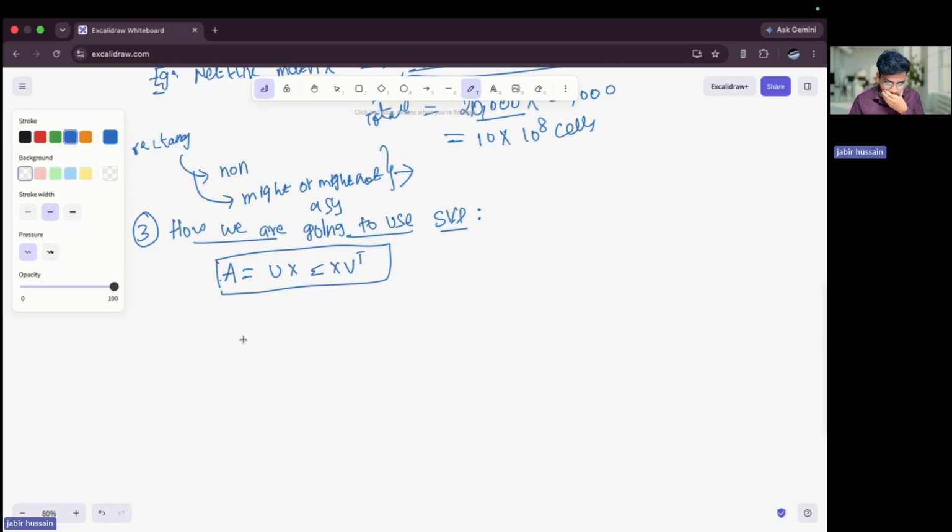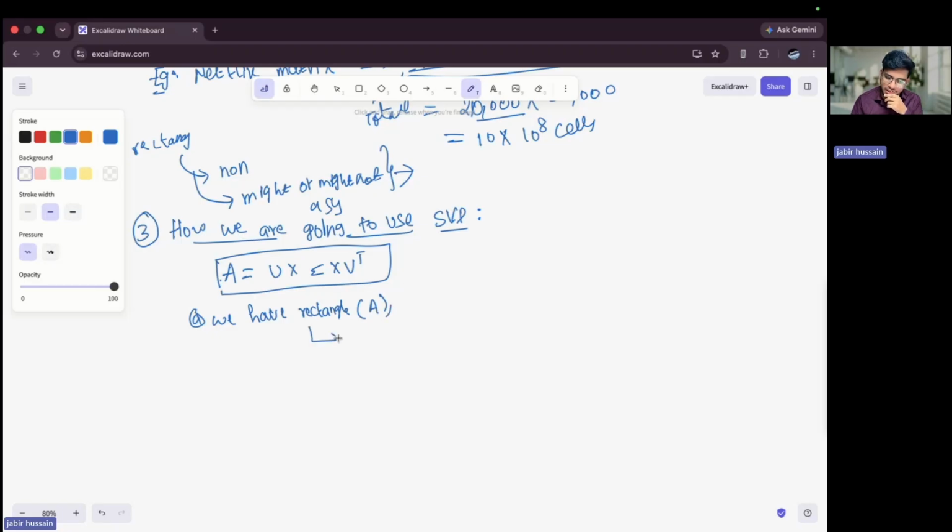So the first step is we have a rectangular matrix, which is A. A is a rectangular matrix.